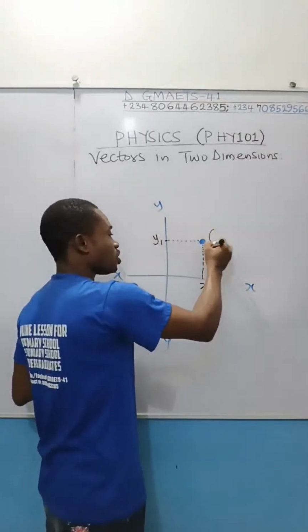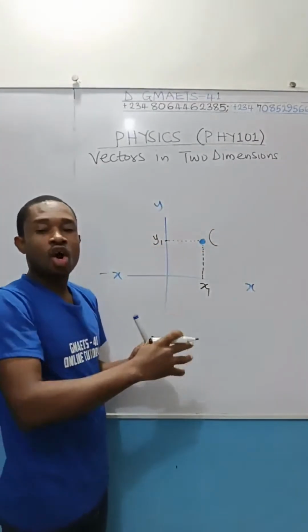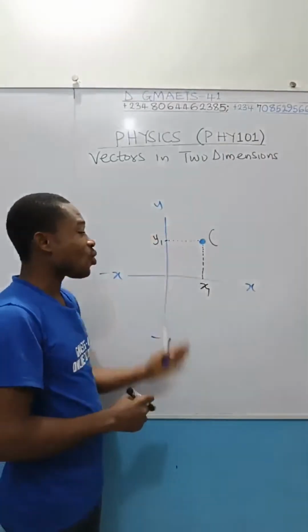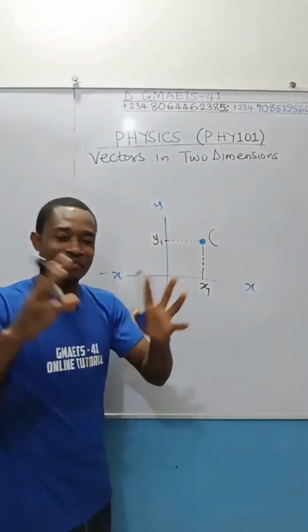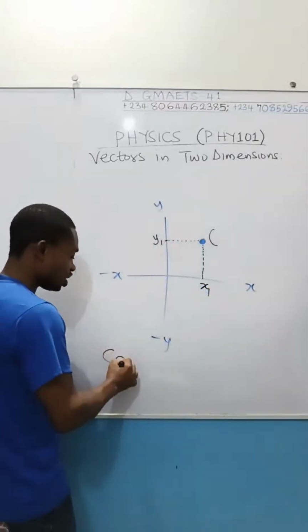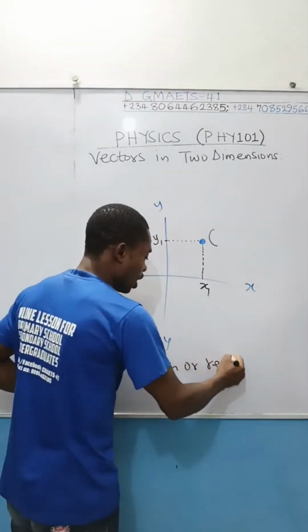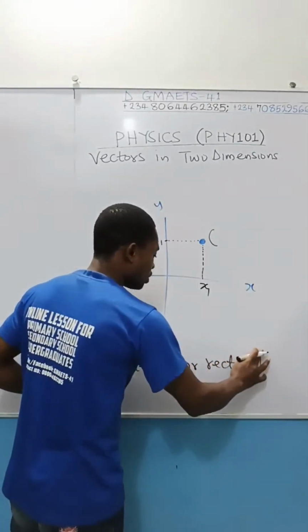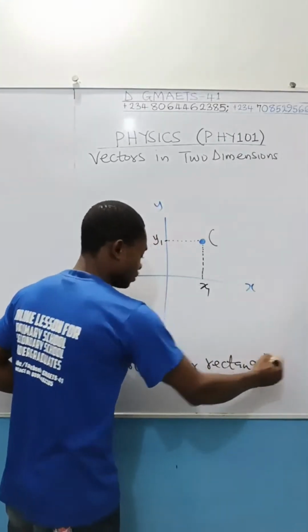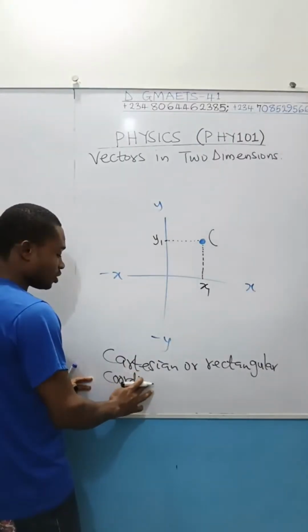So to locate the position of this vector in this Cartesian plane, or rectangular plane, your x and y axes, that graphical representation of x and y axes is called the Cartesian or rectangular plane, the rectangular coordinate system.